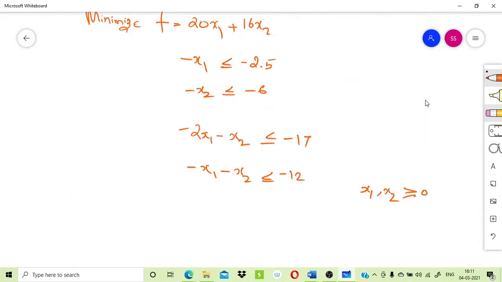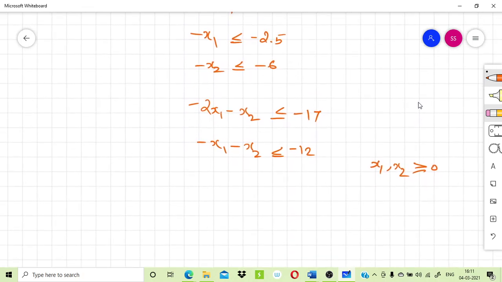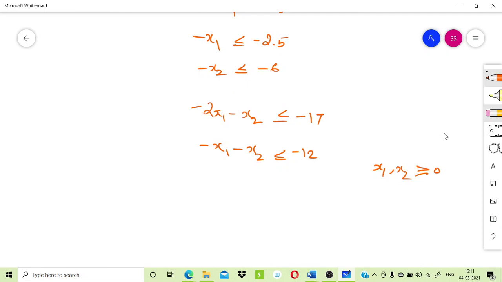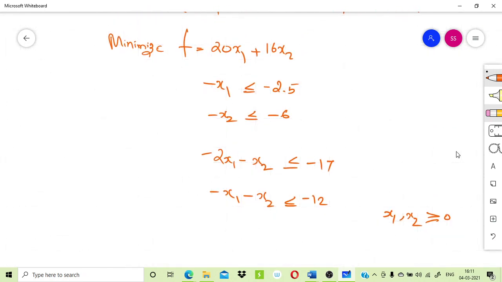Now here we have to add slack variables for the constraints, right? So that is our second step in the simplex method.